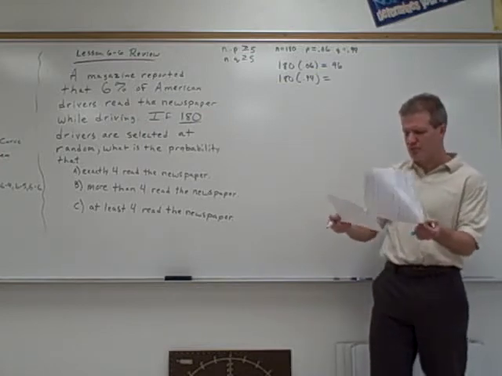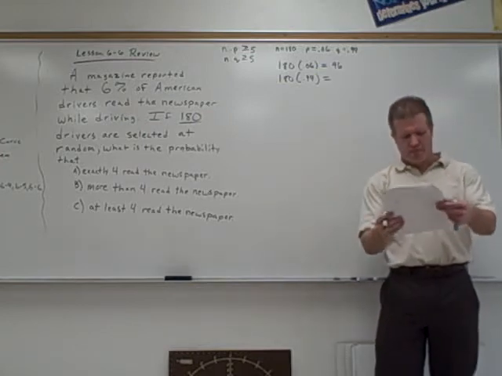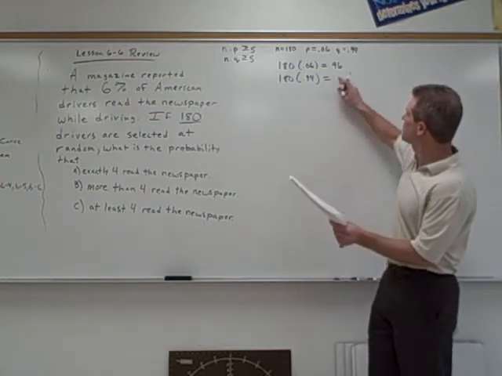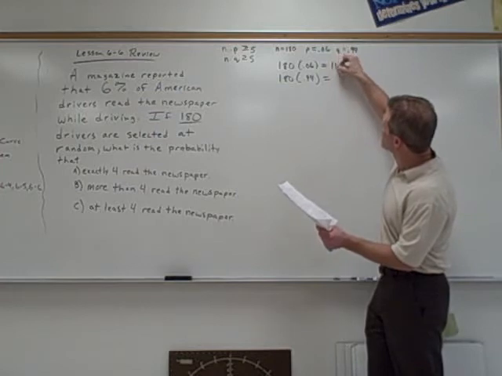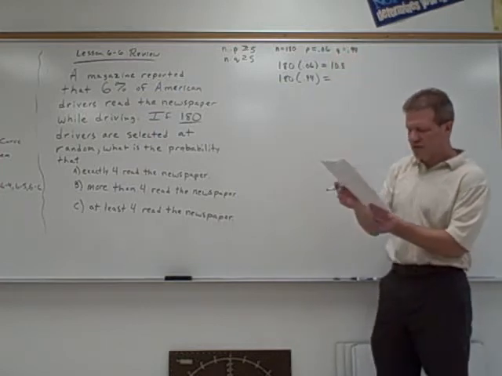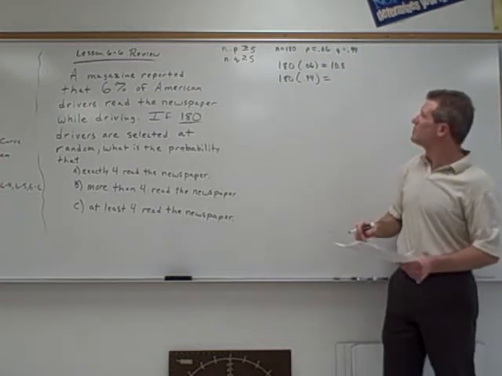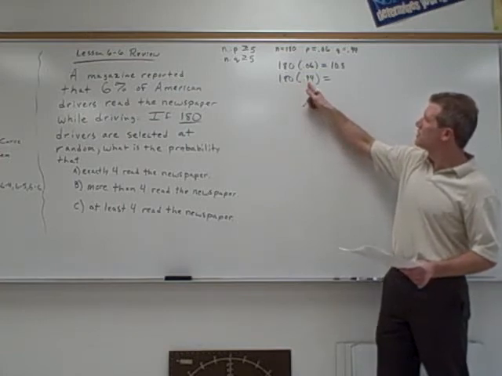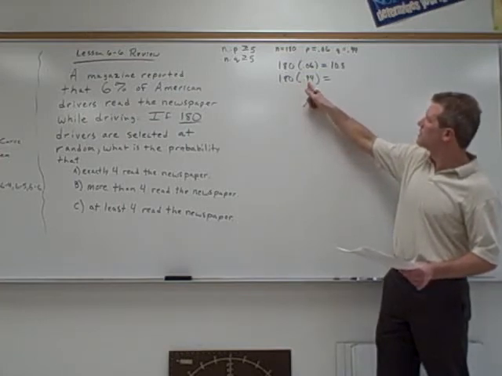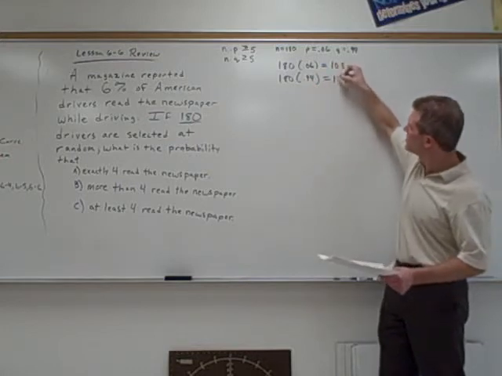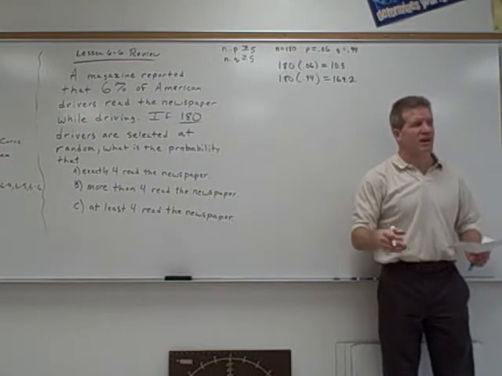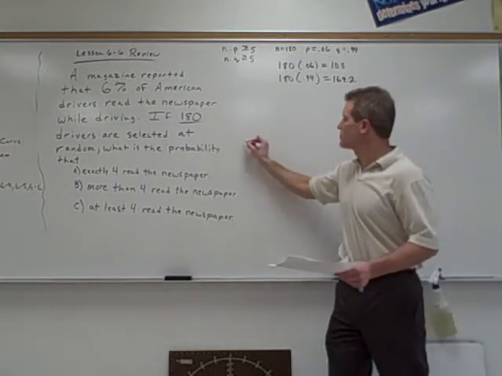Sorry, I'm looking at the wrong problem. My fault. Okay, if you take n times p, you get 10.8. That sounds better. If you take n times q, 180 times 0.94, you get 169.2, I believe. Both of those are greater than or equal to 5, so we can go ahead and use a normal curve.